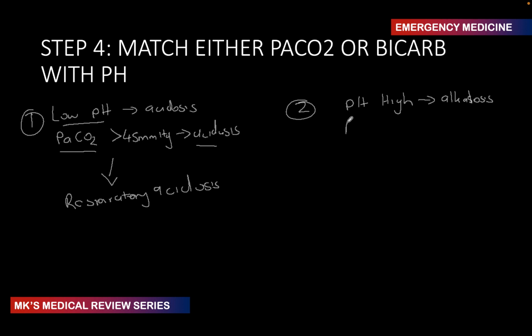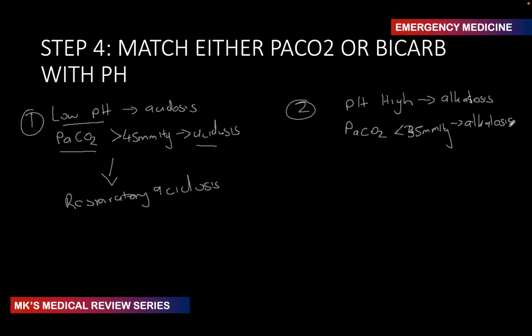Then if you check the partial pressure of carbon dioxide, and it is now low, less than 35 millimeters of mercury, remember that this is a person who's hyperventilating. They are pushing out a lot of carbon dioxide. So this is a person that now creates an alkalosis.